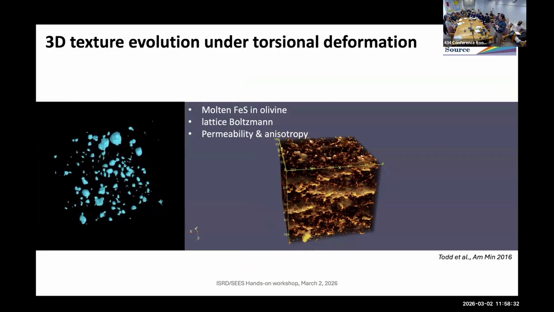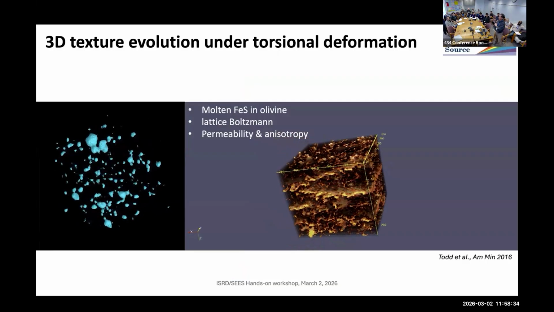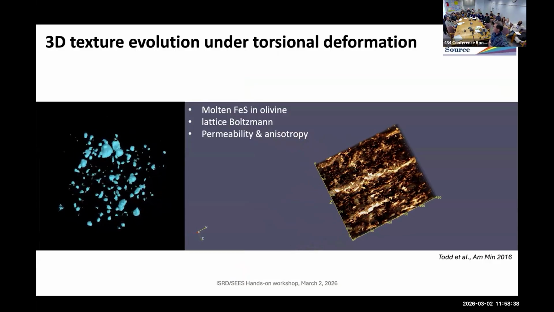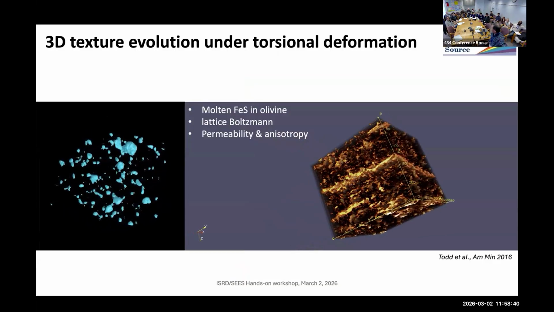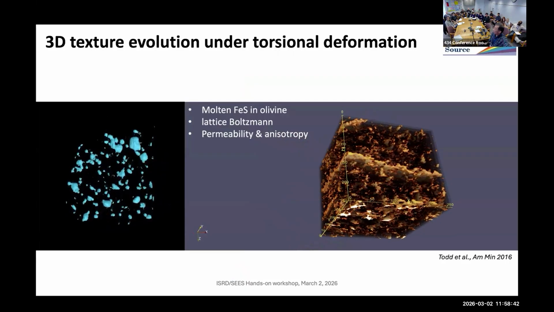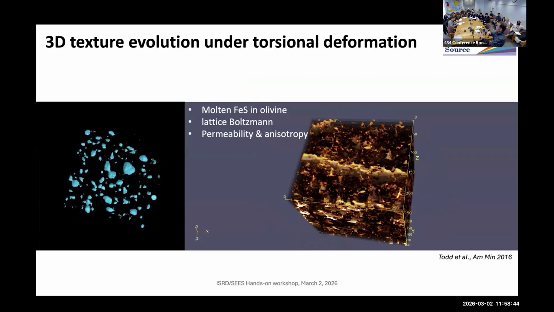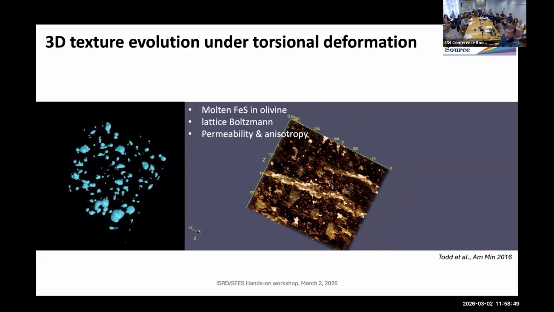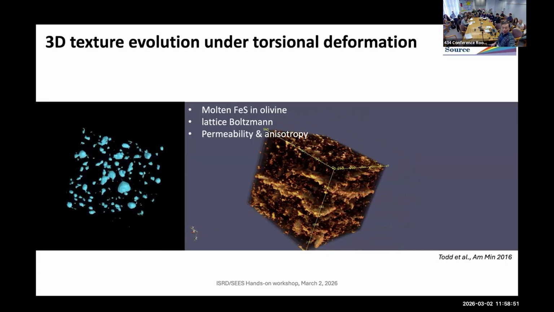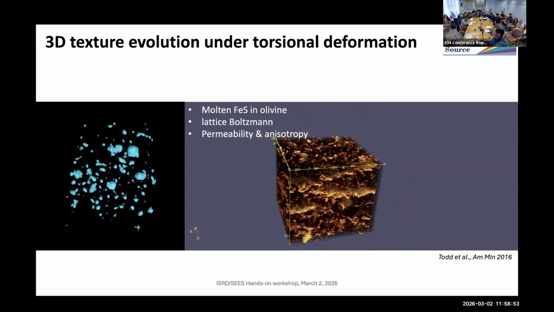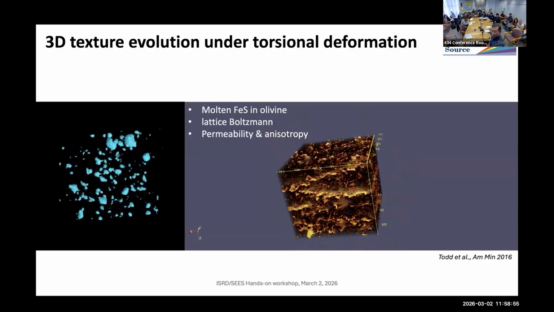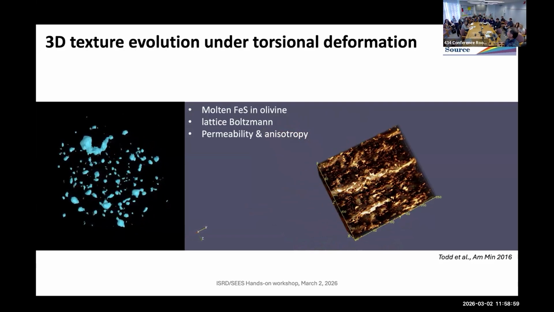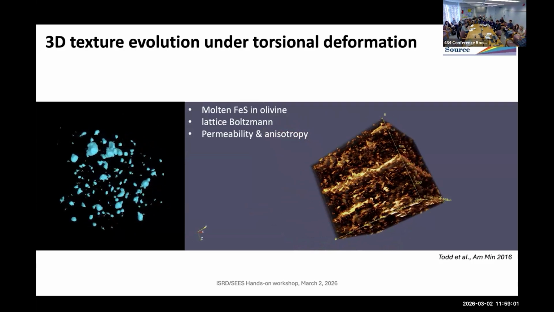And then you can look at a lot of multi-phase texture development. Here's an example. This is an olivine with a lot of FeS melt in it. This is before the torsional deformation. So you have removed the olivine matrix. This is all FeS pockets. After a lot of shear deformation, the FeS forms these kinds of bands. This is a known phenomenon, right?